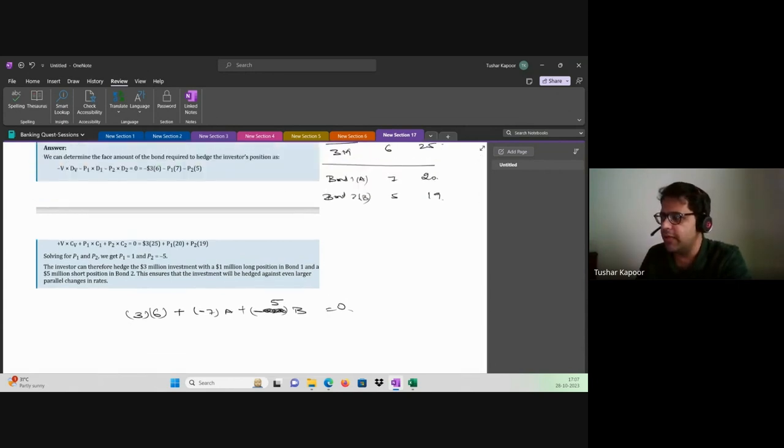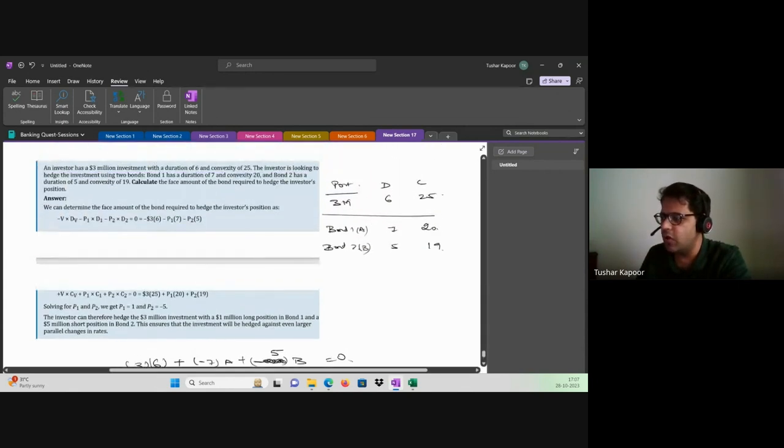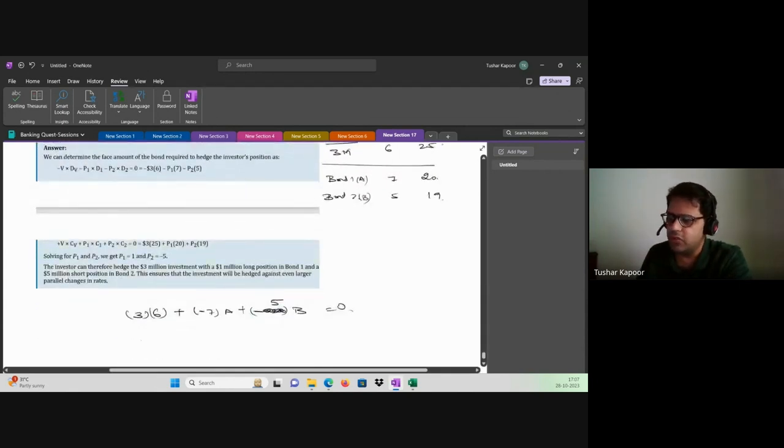The other equation I want to match is that of convexity. So I say the convexity is 25. So 25 is the convexity for the portfolio which I want to hedge, because the convexity is always positive. I'll use plus 20 times A plus 19 times B is equal to 0, right?